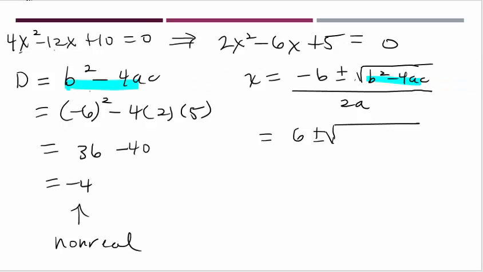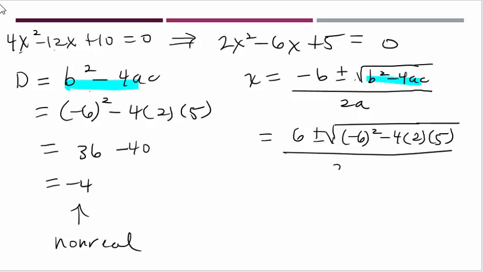Okay, that is the discriminant. So negative 6 squared minus 4 times 2 times 5, and divide by 2 times a, which is 2. Then we just want to simplify. So 6 plus or minus, we said that was the square root of negative 4, divided by 4.